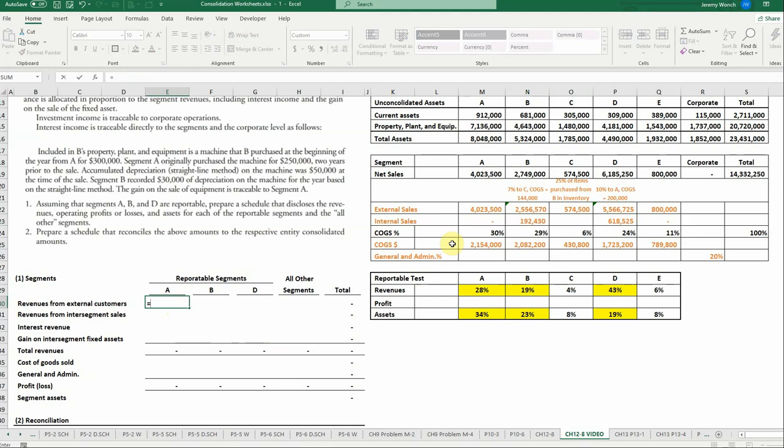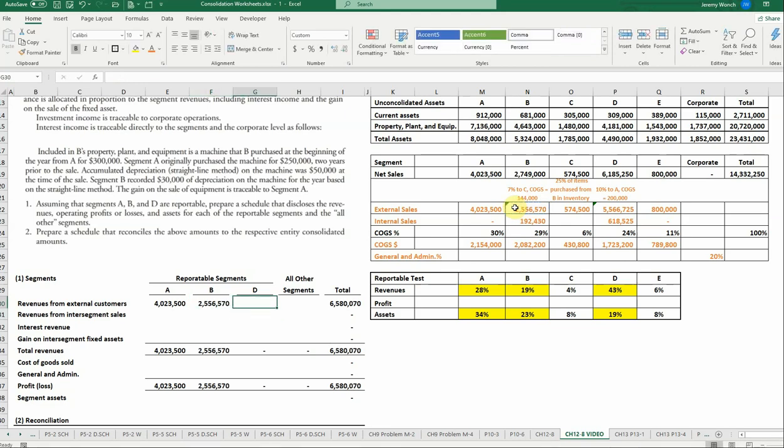So we can go over here to our note, and so we can do A's external sales, B's external sales, and D's external sales. And then all other segments, that's going to be C and E, so we can just add C and E to combine them.